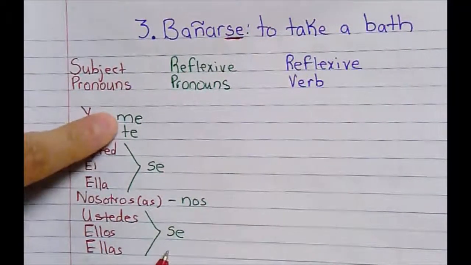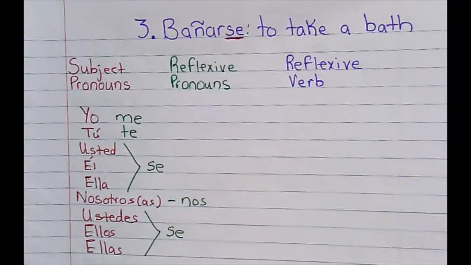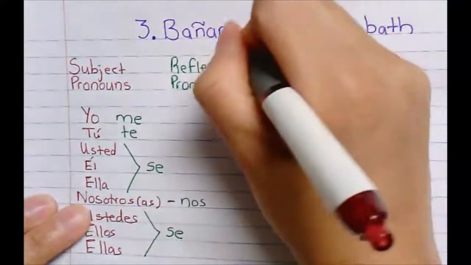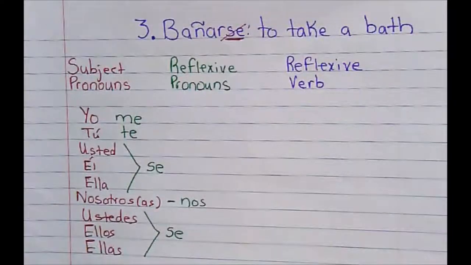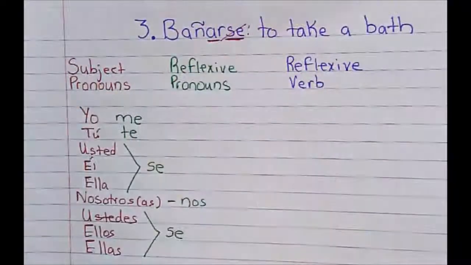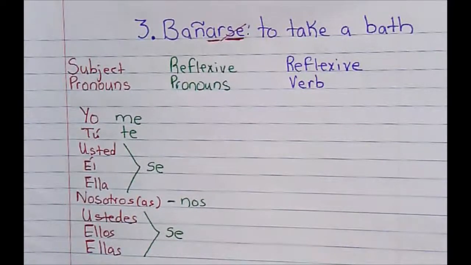I have my reflexive pronouns written down. Now I am ready to conjugate this reflexive verb. So what I do is I cross this out because I don't want it to confuse me. Once I cross it out, I notice that it ends in an AR verb. You guys have conjugated this in Spanish 1 with Señorita Frazier.